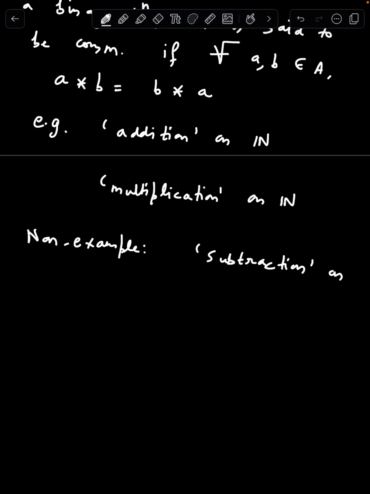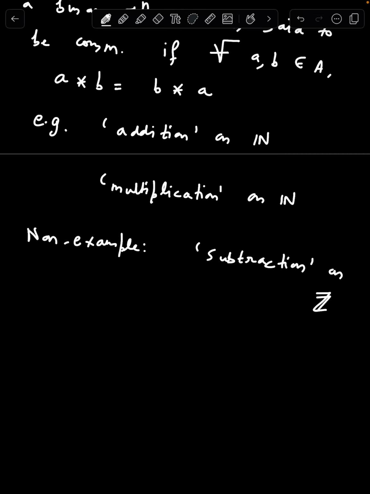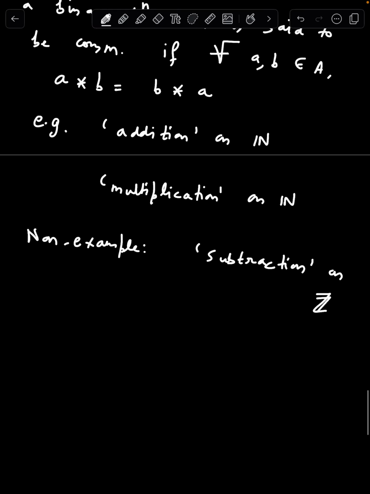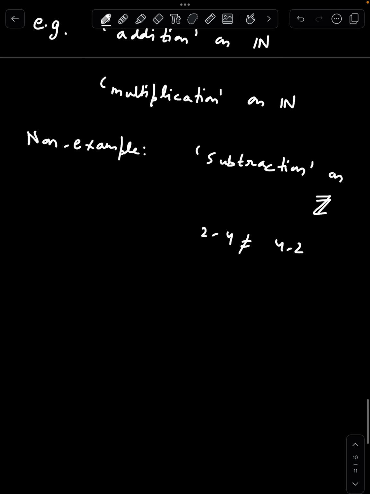Subtraction on set of all integers, right? You can see that this is not a commutative binary operation because 2 minus 4 is not same as 4 minus 2. So this is commutative binary operation.